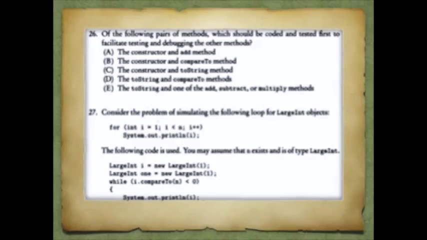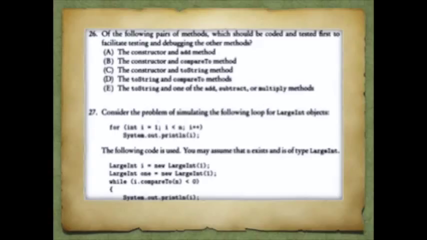Because this is just an integer, but remember we are trying to define the new class called large int, once it receives input parameters of type int, it will have to be converted into large int. So what's the large integer version of this for loop? You may assume that n exists and is of type large int.